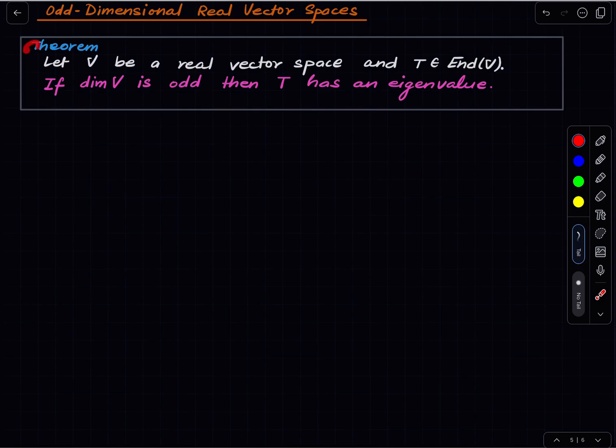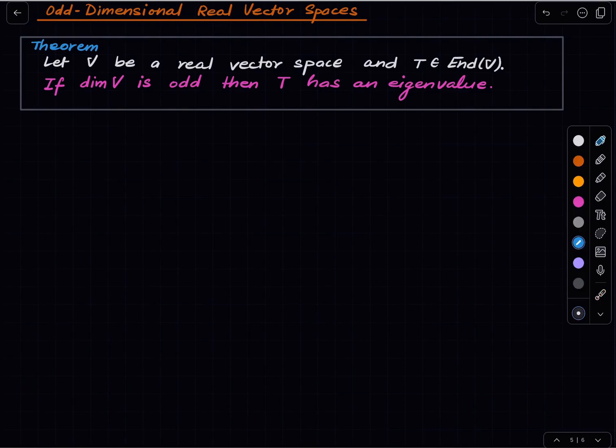And this is the linear algebraic analog of the fact that every odd degree real polynomial has a root, just like the corresponding theorem in the complex world is the analog of the fact that every polynomial over the complex number field has a complex root.